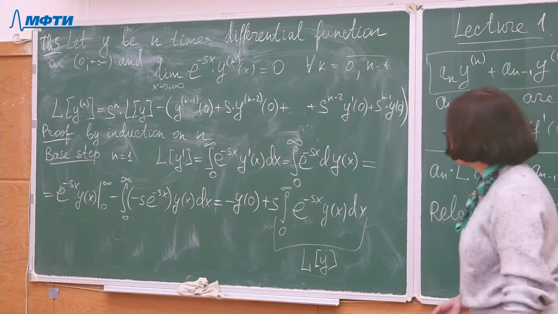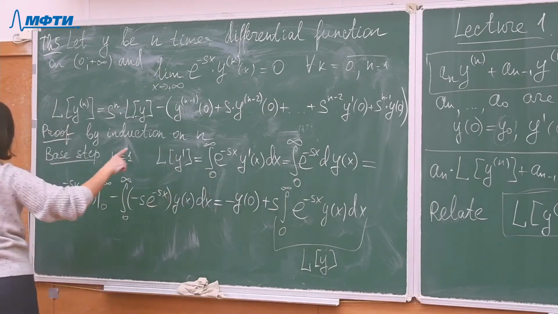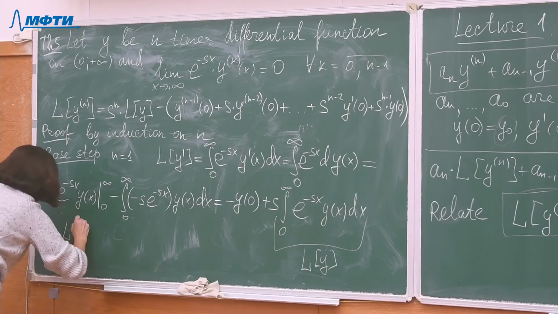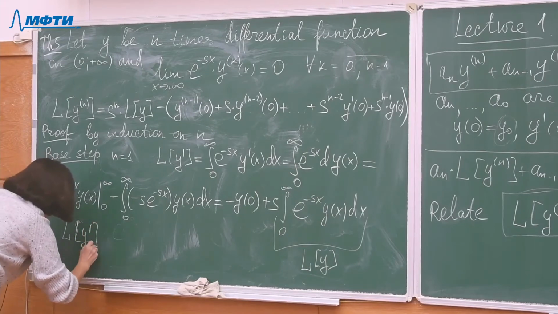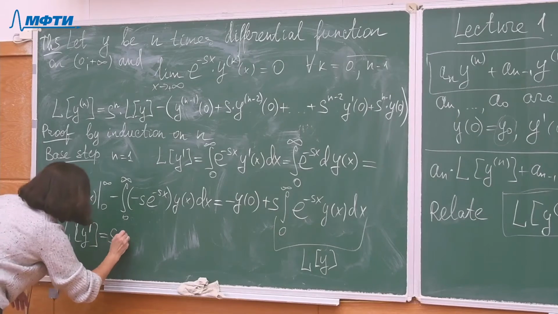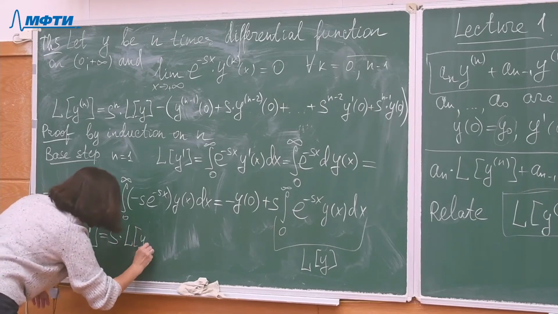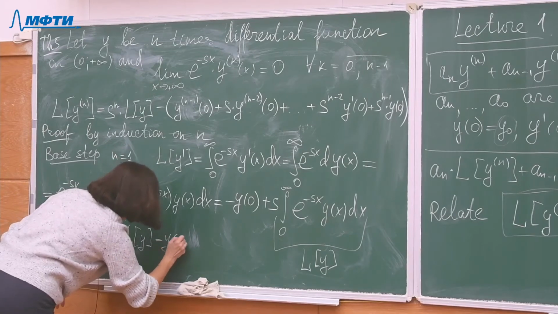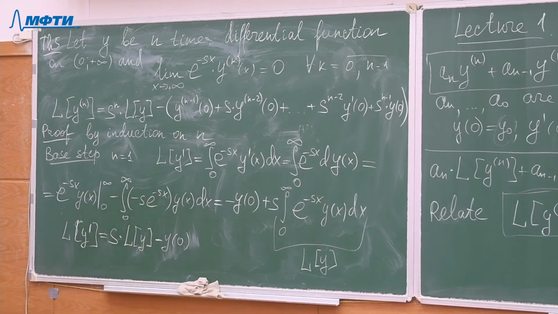So we can see, from the first step, that L of y prime equals s multiplied by L of y minus y of 0, right? So this is proved.